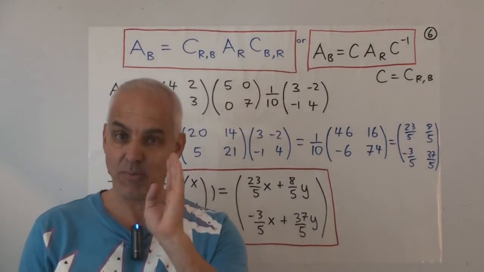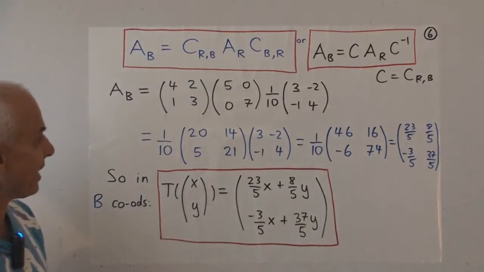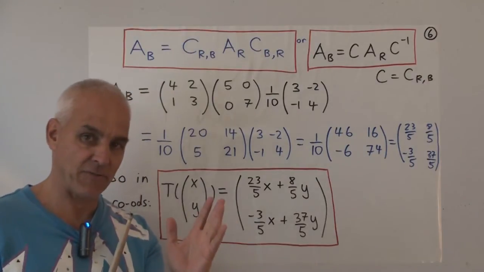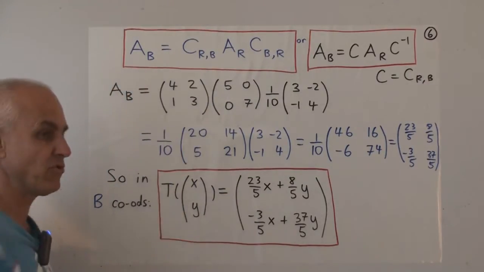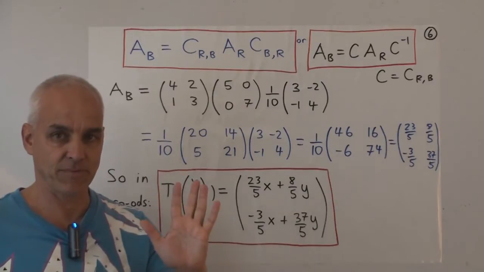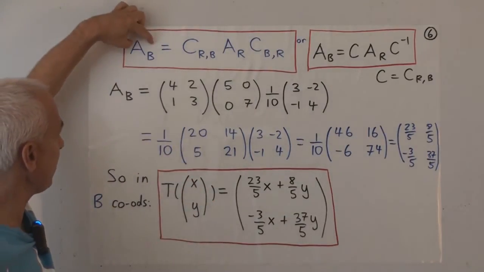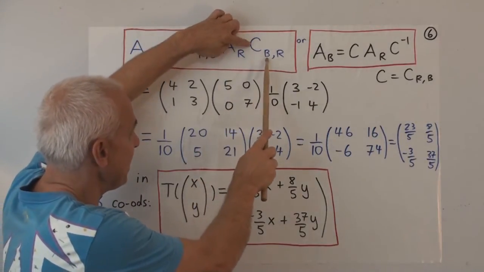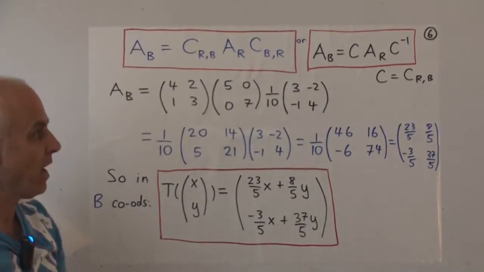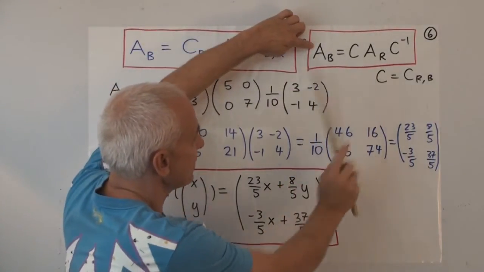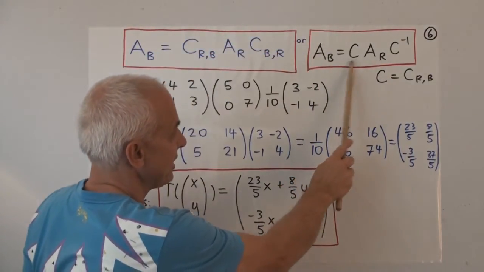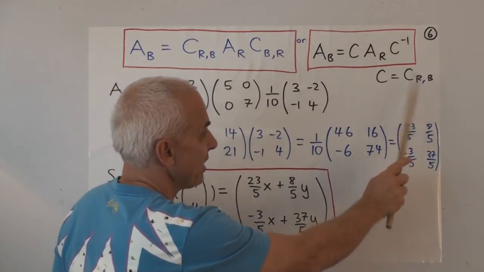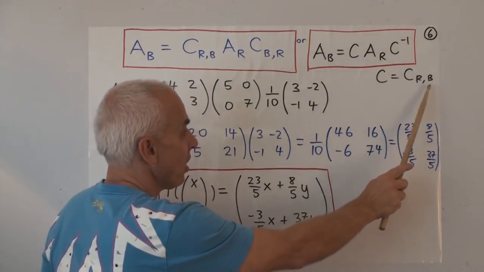So we've obtained the formula we were after, the formula that allows us to go from Rachel's matrix for a linear transformation to Bob's matrix for that same linear transformation. The formula is A_B equals C_RB times A_R times C_BR. And perhaps it's easier to remember if we write it in this form: A_B equals C times A_R times C inverse, where C is this change of basis matrix C_RB.